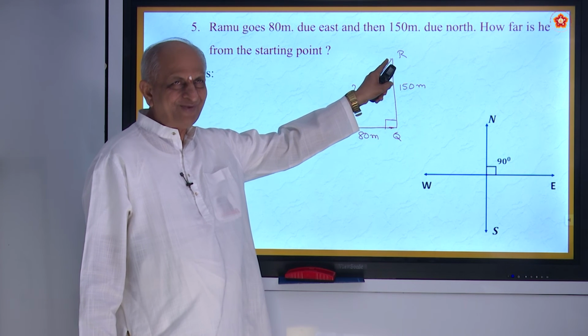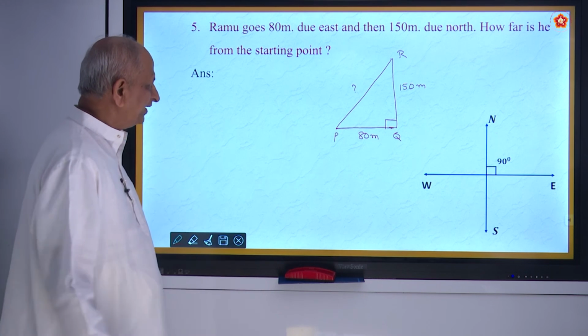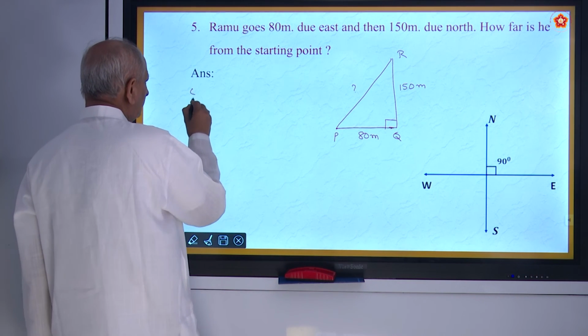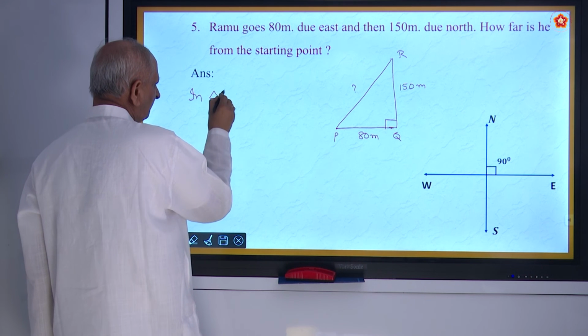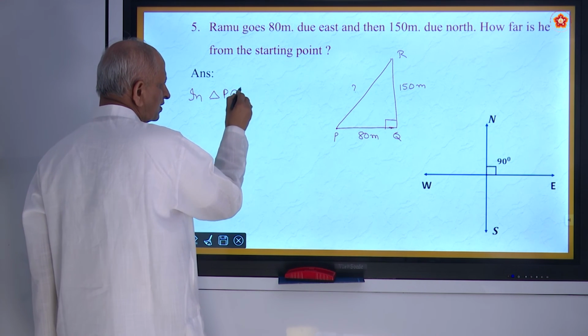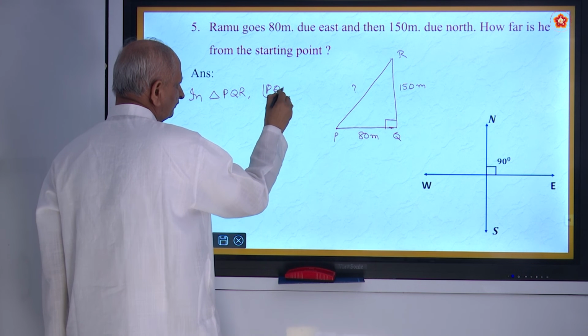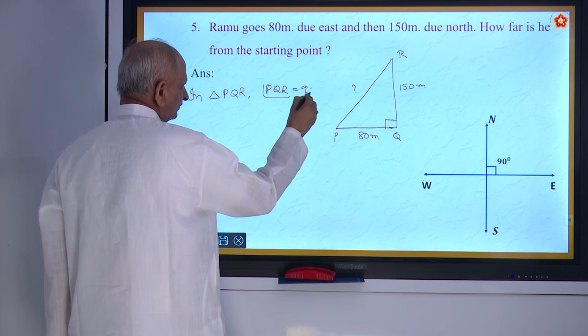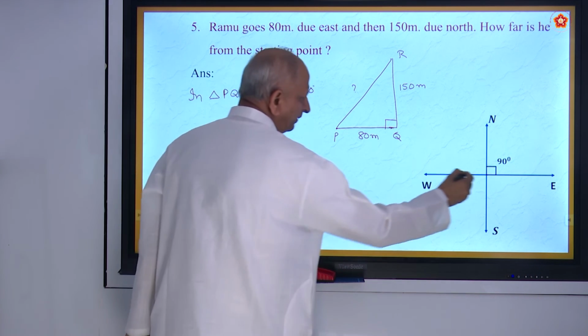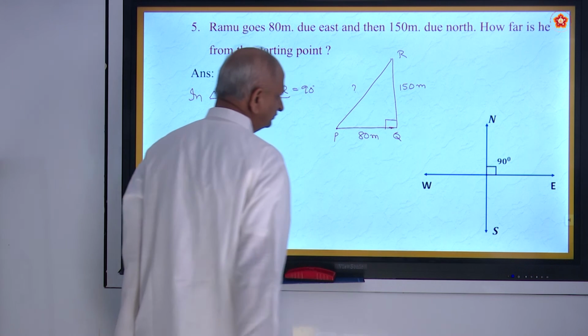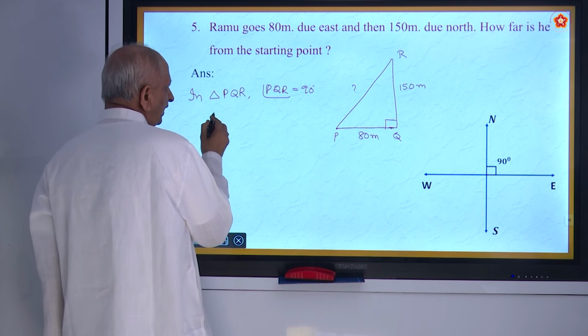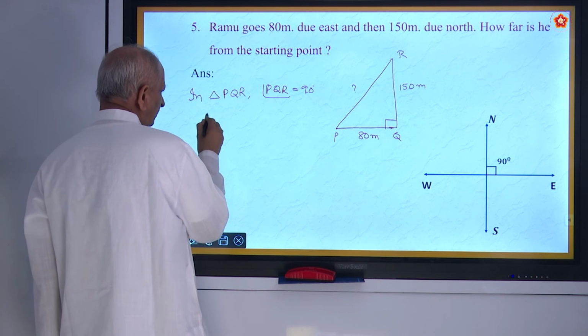And now how much distance is he from the starting point? So you will write: in triangle PQR, angle PQR is equal to 90 degrees. As you know, the angle made here will be 90 degrees. And therefore you can apply Pythagoras theorem.